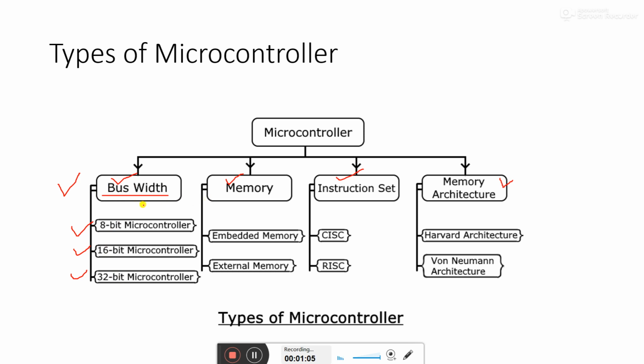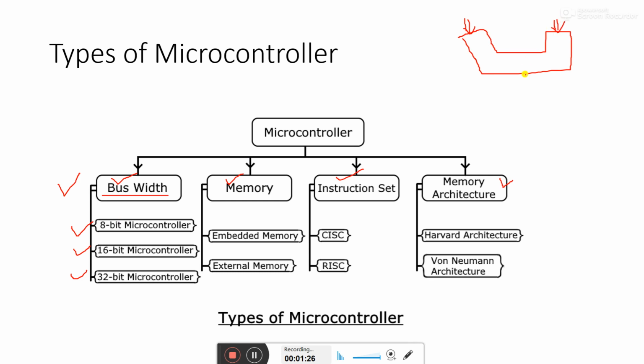The larger the bus width, the more data can be handled by a microcontroller. If it is an 8-bit microcontroller, it means the ALU of the microcontroller can handle 8 bits of data in a single unit of time.